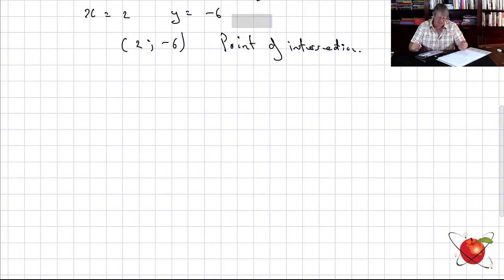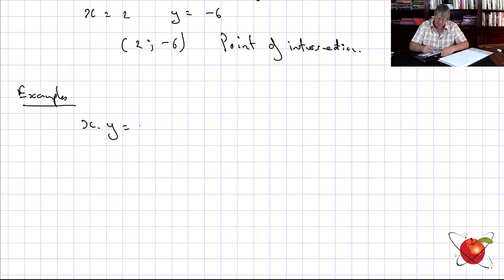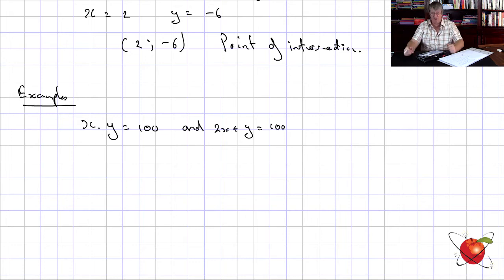Let's have a look at a slightly more complicated one. What if they give us this one? These are all examples. If we've got x times y equals 100 and the other one they give us is 2x plus y equals 100, what do we do now? Well, we've got a problem.